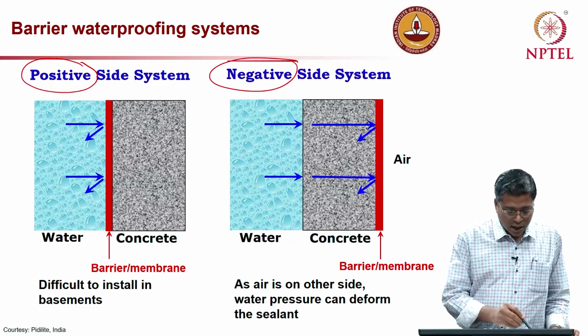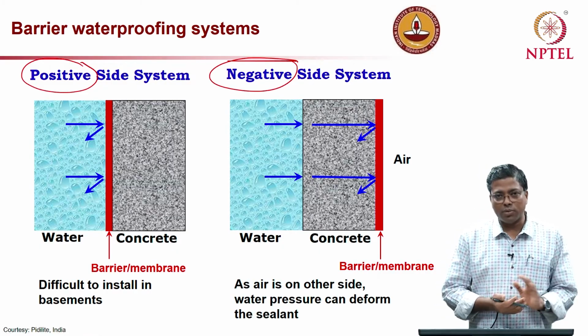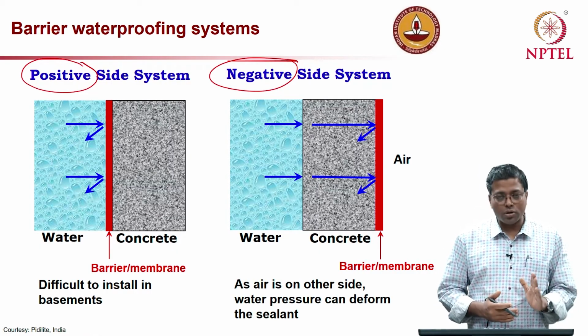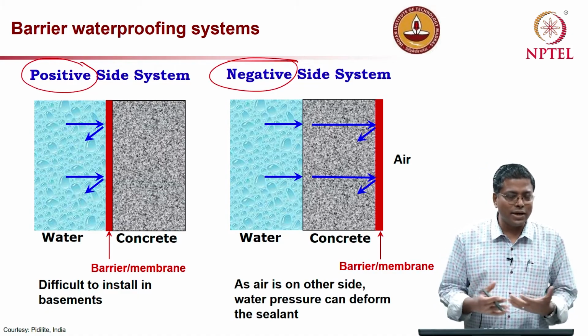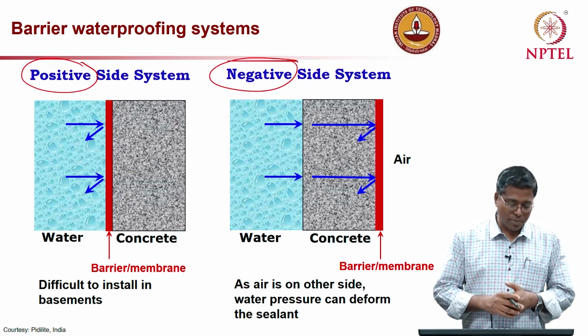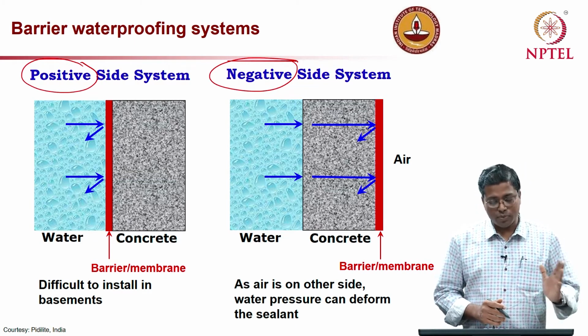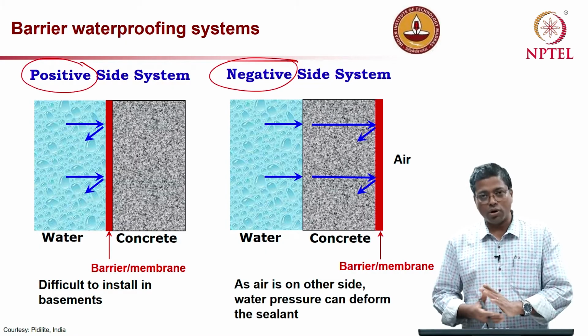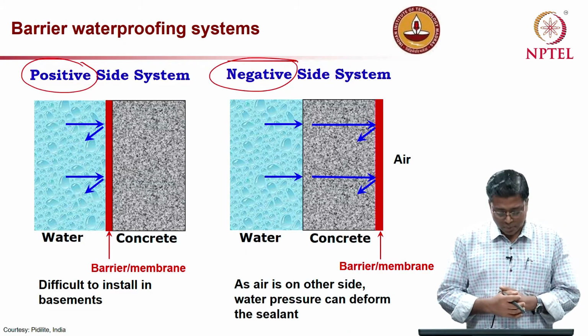Okay. So, when there is pressure from the water body onto the barrier, it rests on the concrete and does not lead to peeling off of the membrane, because the membrane experiences pressure from the left side and rests on the concrete on the right side. So, it cannot really get peeled off.